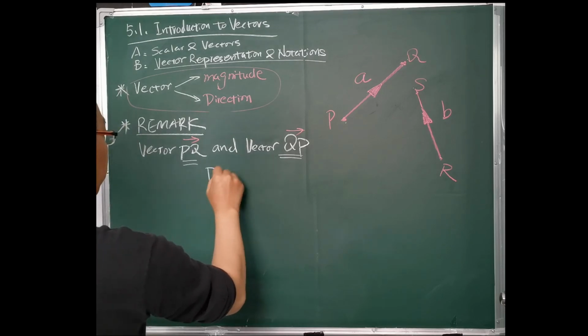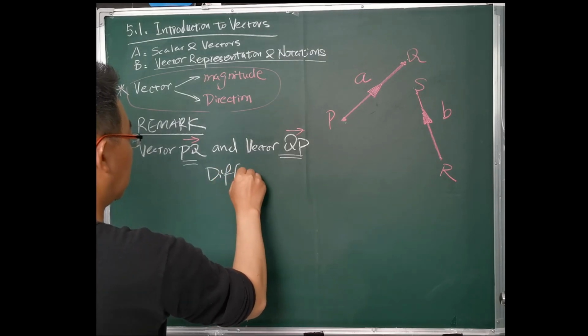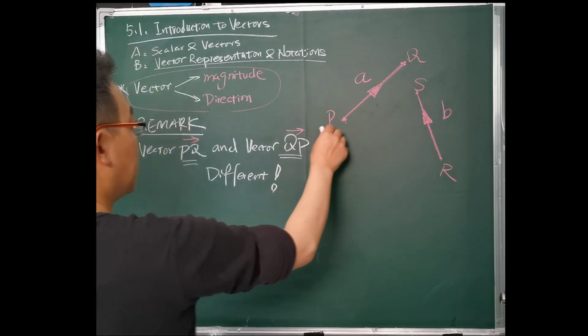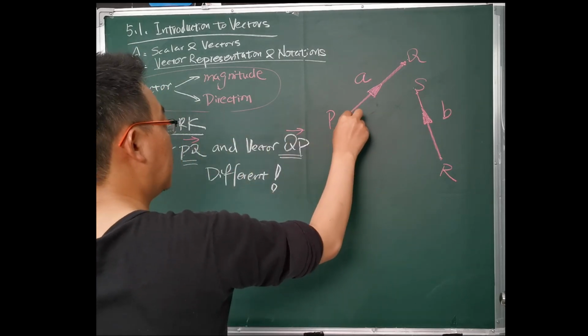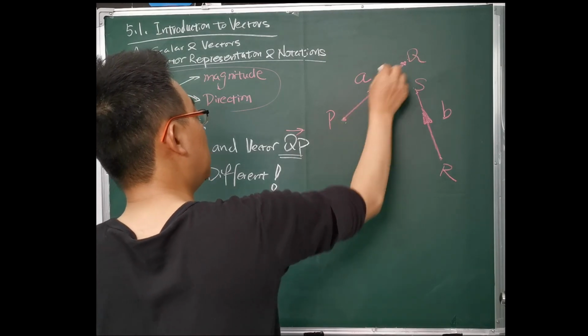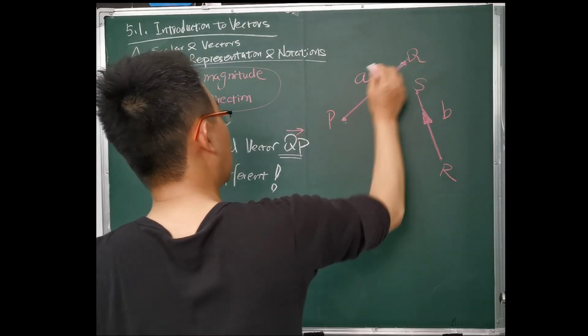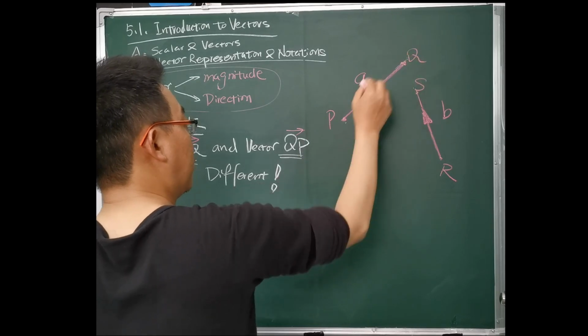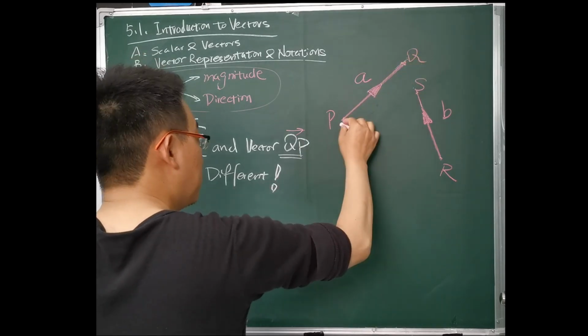They are different because for PQ the initial point is P and the terminal point is Q, so it moves in this direction. And QP has this starting point and this ending point, so it moves in this direction.